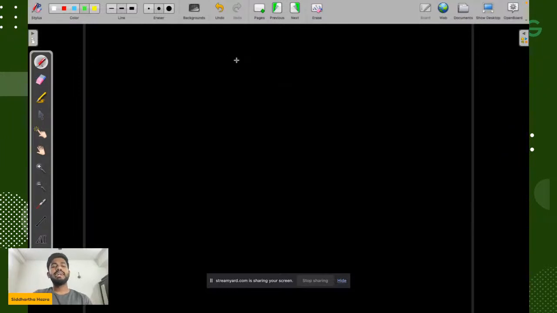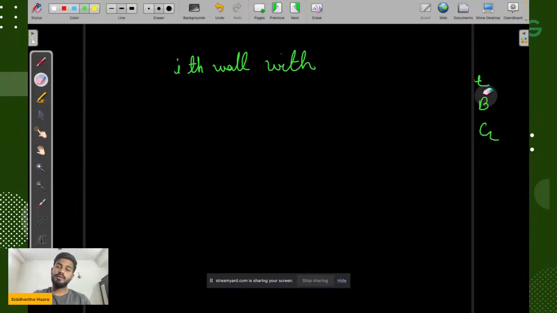If this is the nth wall, let's say this is the ith wall, and I want to paint the ith wall, let's say there were three colors, red, blue, and green, RGB. Let's suppose I take the value of R.